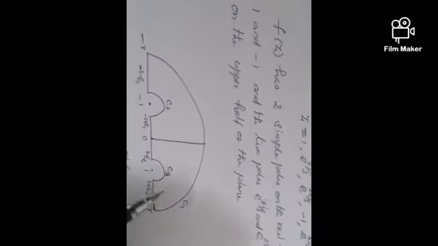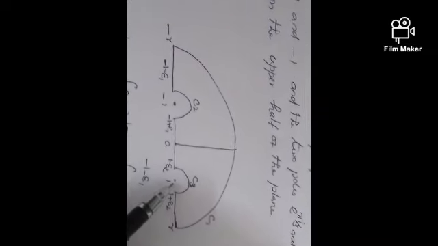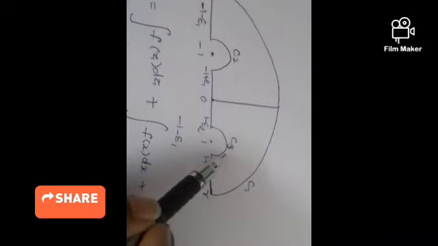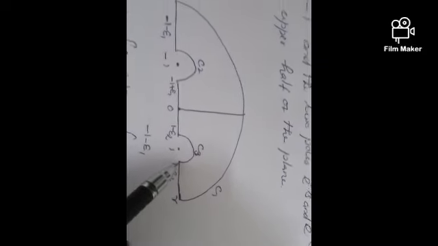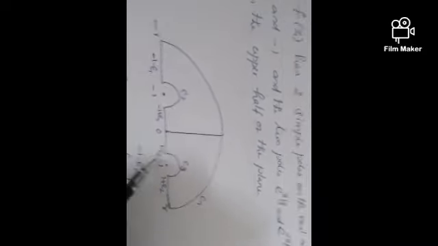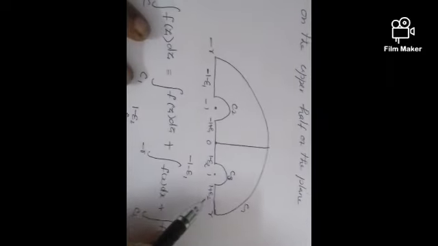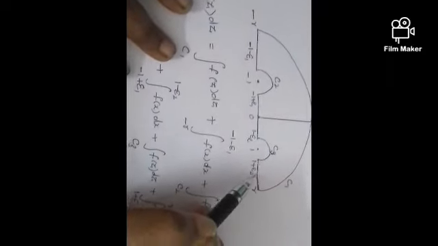Then with 1 as the center, C3 is the small upper half circle on the real axis, over the interval 1 minus epsilon 2 to 1 plus epsilon 2.